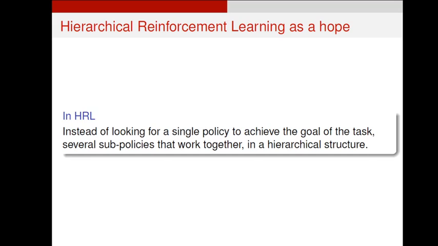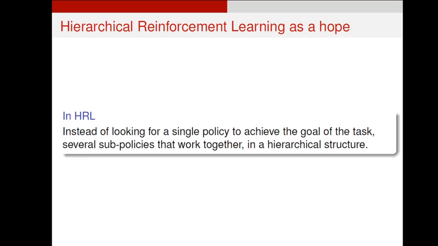Now we move on to the promises of hierarchical reinforcement learning. In hierarchical reinforcement learning, instead of looking for a single policy to achieve the goal of the task, several sub-policies work together in a hierarchical structure.